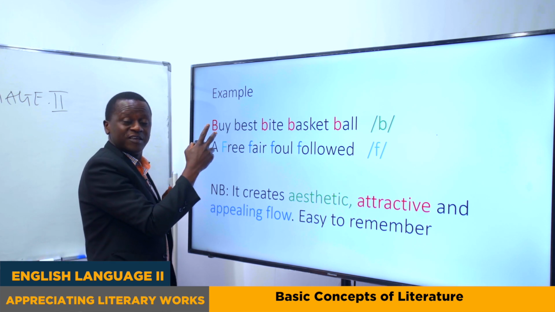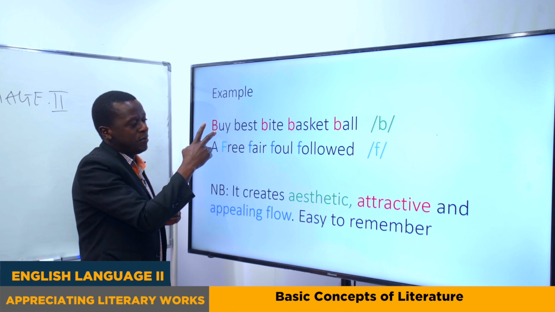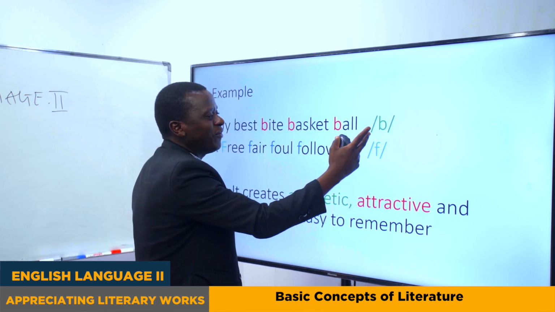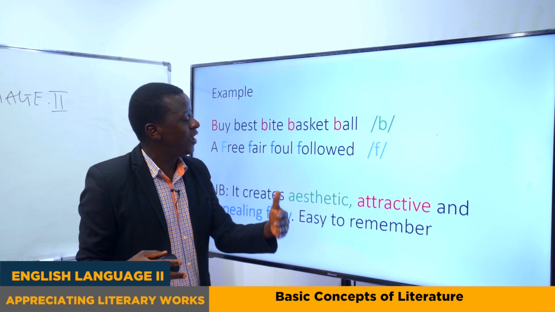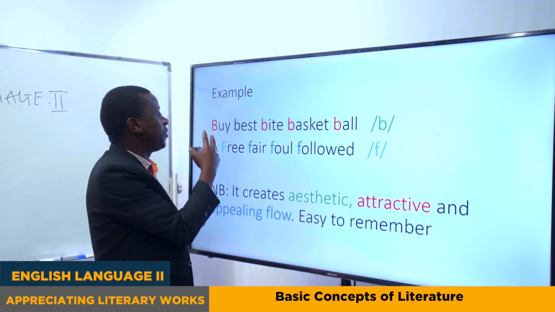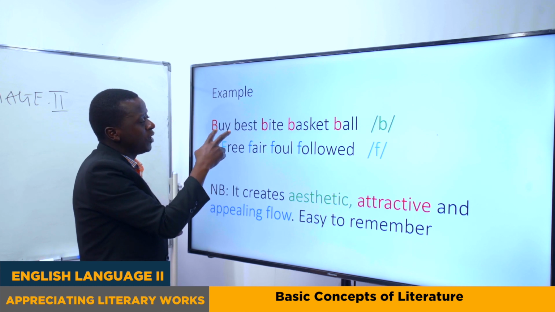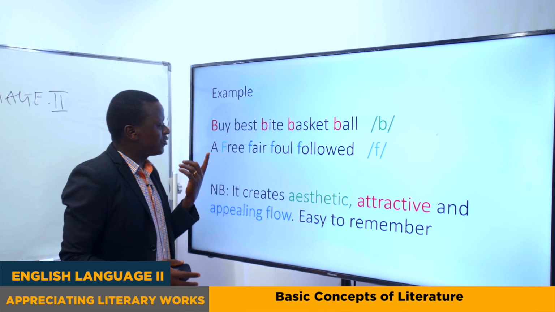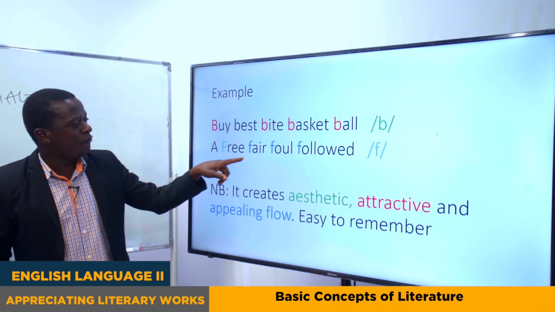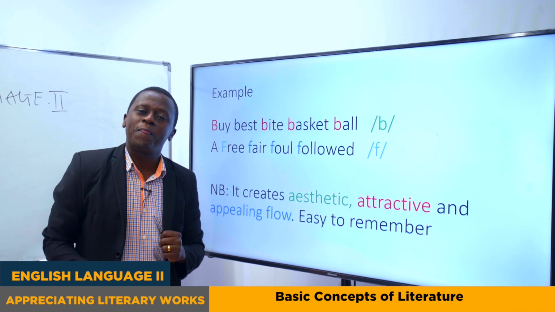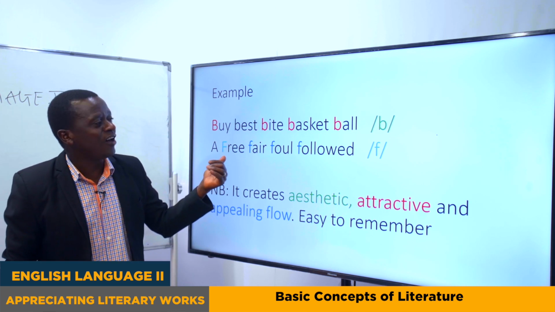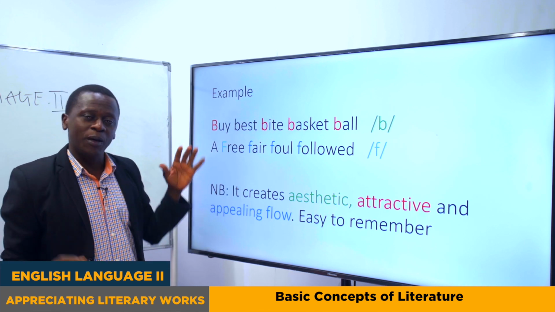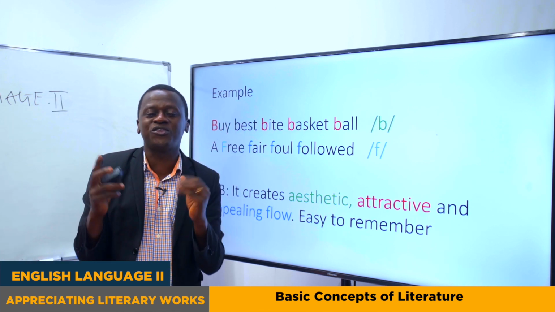The sound B: buy, best, bite, basketball. So we have a sound which is repeated at the beginning of each word, which is B. Coming to the second verse: free, fair, for, forward. Now the sound F has been repeated at the beginning of each word. With this kind of repetition, it creates music.